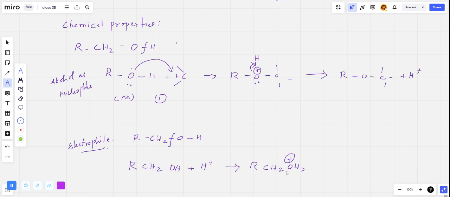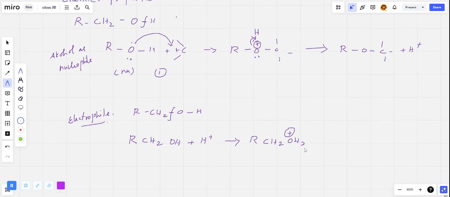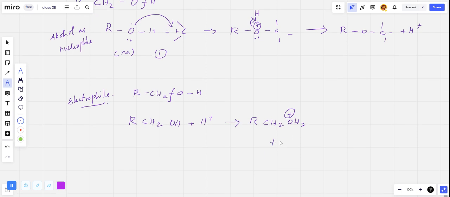It first forms an electrophile, and when this reacts with a nucleophile, it forms a compound.